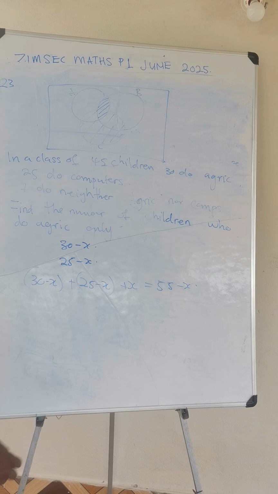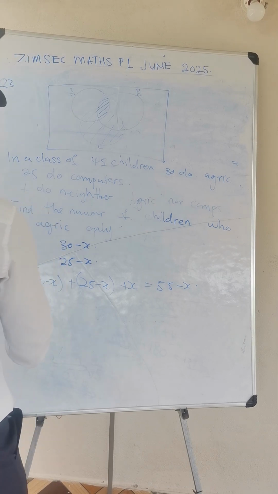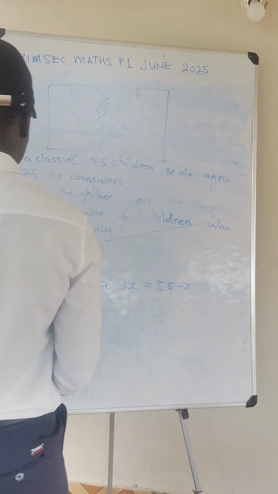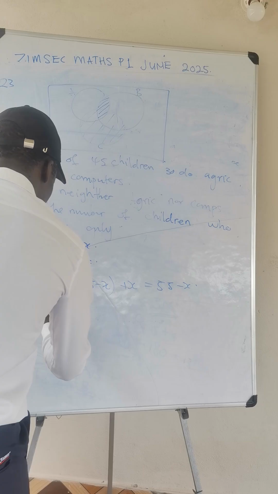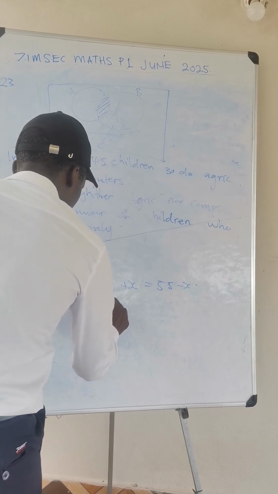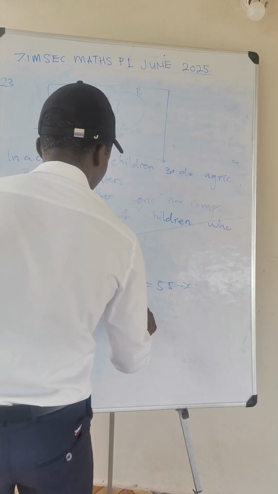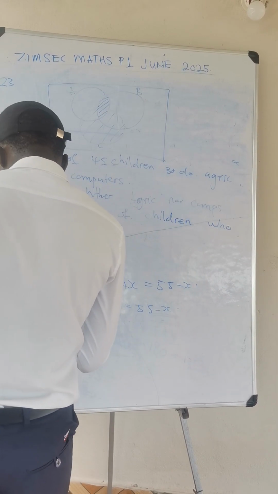Okay, so here's what we can do. After doing that, we have to solve all this equation. So it becomes 30 minus x plus 25 minus x plus x is equal to 55 minus x. Okay, so it becomes what?